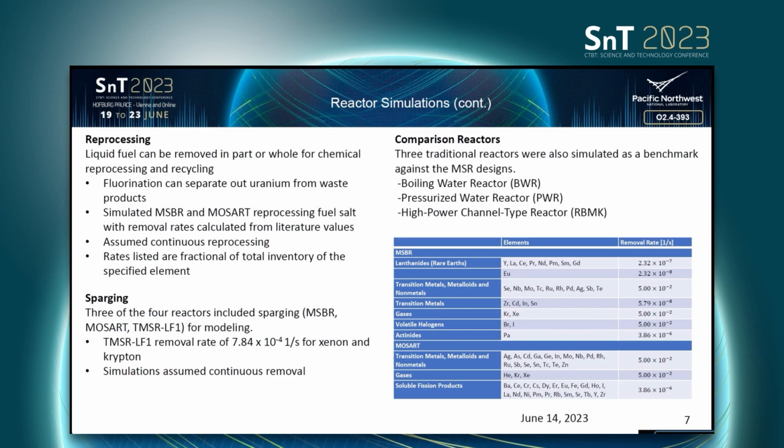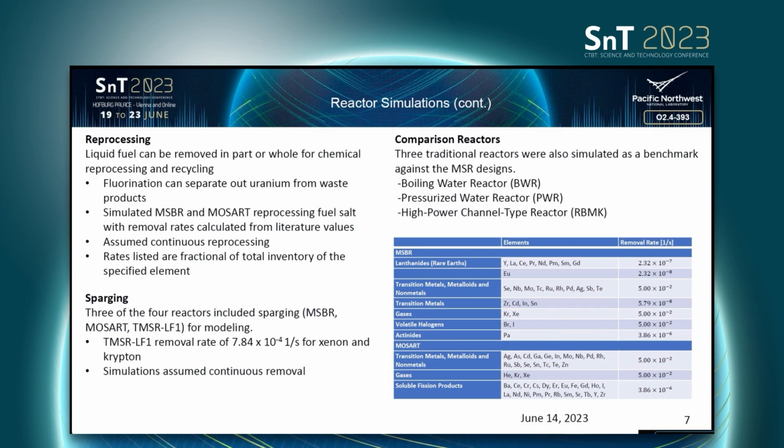More considerations for the simulations include reprocessing. Liquid fuel can be removed in part or whole for chemical reprocessing and recycling. The MSBR and Mozart actually have listed values for the removal rates of various isotopes down the bottom right. So those were simulated. For the sake of simplicity, this was done in a continuous fashion instead of a batch process.